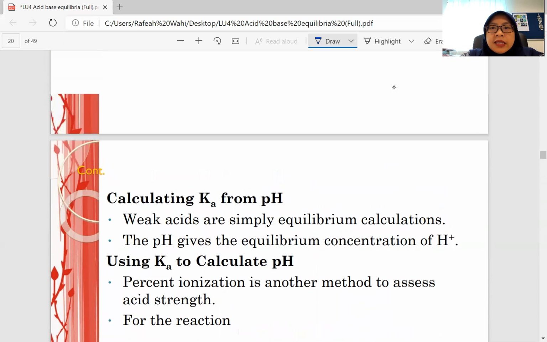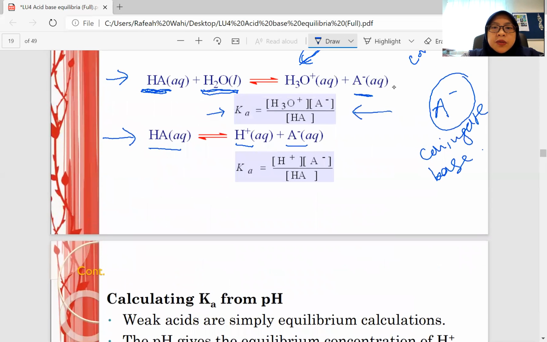If you look at the equation Ka equals the H plus concentration times the concentration of conjugate base, divided by the concentration of the initial acid, you can see that if you have the information for Ka, you can calculate H plus. The concentration of H plus ion is always the same as the concentration of the conjugate base.